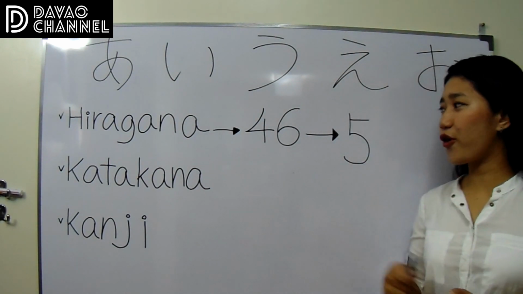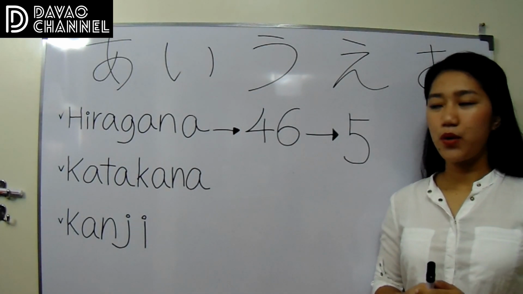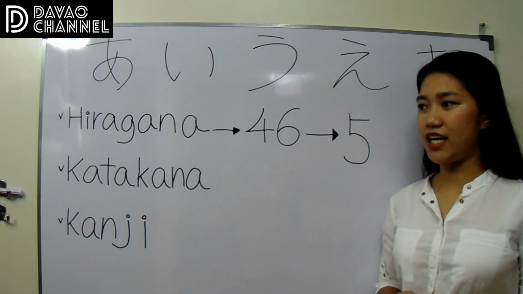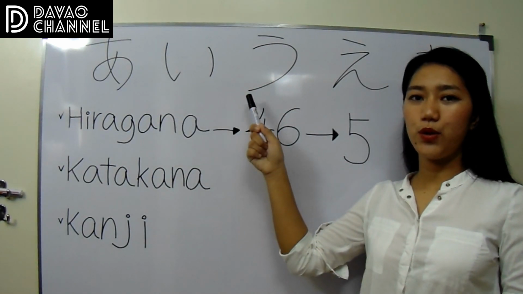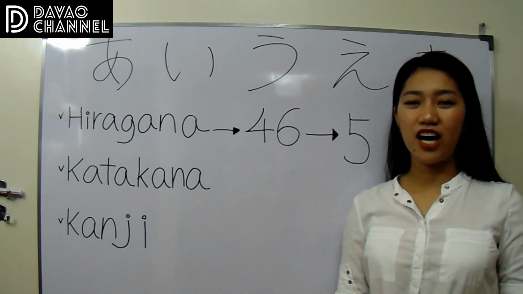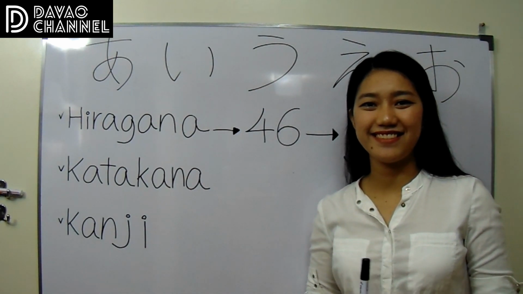Hiragana has 46 letters, and at this moment, we will be studying first the 5 vowels of hiragana, which are a, i, u, e, o. Okay, are you ready? Then let's begin.